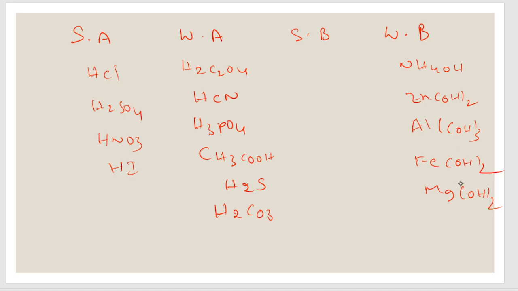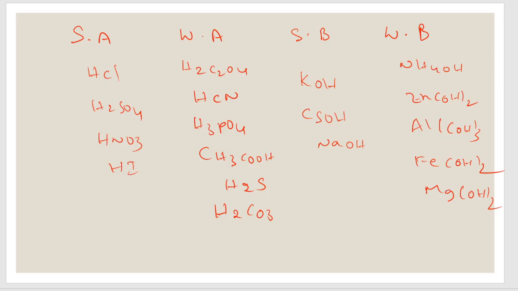So like this we can quote the weak bases. And what about the strong bases? KOH is a strong base, CsOH is a strong base, NaOH is a strong base. Okay, so all the first group hydroxides are strong bases, and these are all the weak bases.